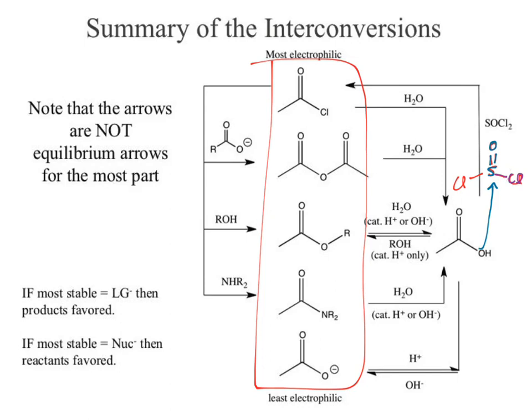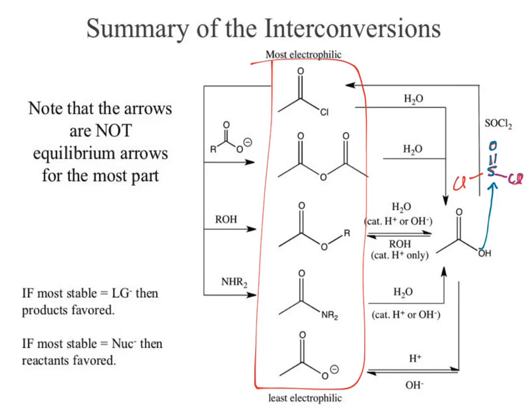It's the very top thing. Thionyl chloride is insanely reactive. Because of that, I can react it with the carboxylic acid to make the acyl chloride. Now I'm in the standard category I'm used to working with, and that acyl chloride can be used to make anything else.